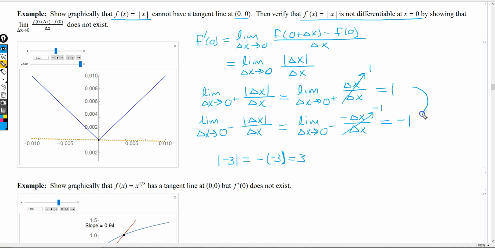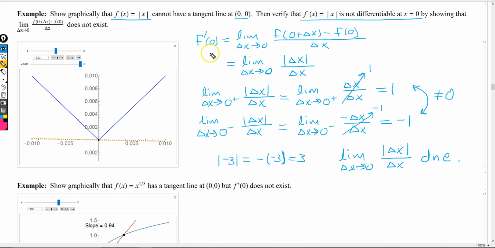Well, you see my left and right hand limits now, they are not equal. And so therefore the full limit does not exist. And so therefore, going back to the derivative, that means f prime of 0 does not exist.